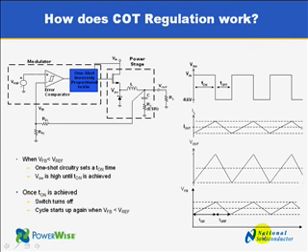Now let's have a closer look into the details of the constant on-time regulation. The output voltage is translated to the feedback voltage by the resistive divider. When the feedback voltage is lower than the reference voltage, the one-shot circuitry sets a fixed on-time.